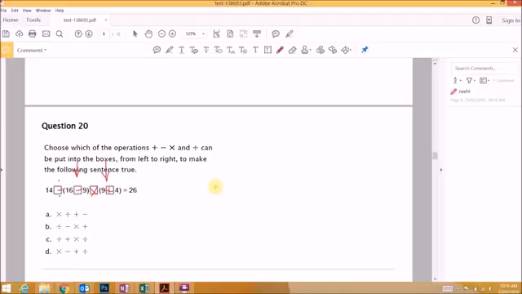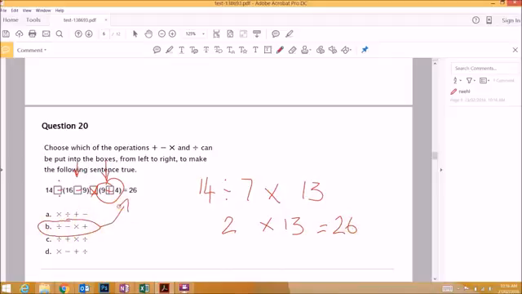So 16 minus 9 is 7 times 9 plus 4, we need to do that because it's in brackets. 9 plus 4 is 13. Okay, now we need to do 14 divided by 7, which is 2, and 2 times 13 equals 26. So B is our correct answer for that one.